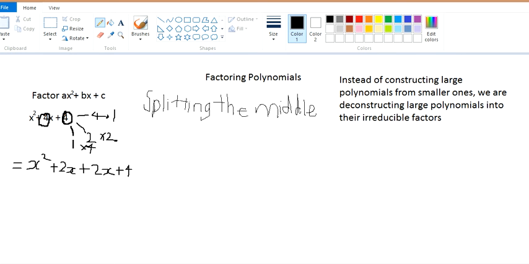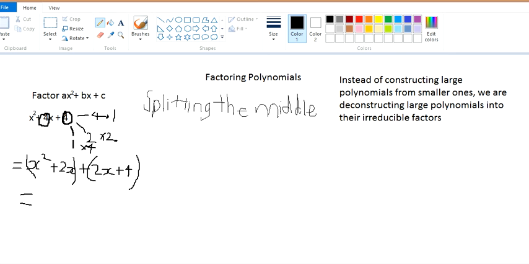Now when you multiply 2 and 2, that gives you 4, so that checks out. So what we do here now is that firstly we group these into two binomials, namely x squared plus 2x and 2x plus 4. And then we factor each of these binomials. Now that should be significantly easier.